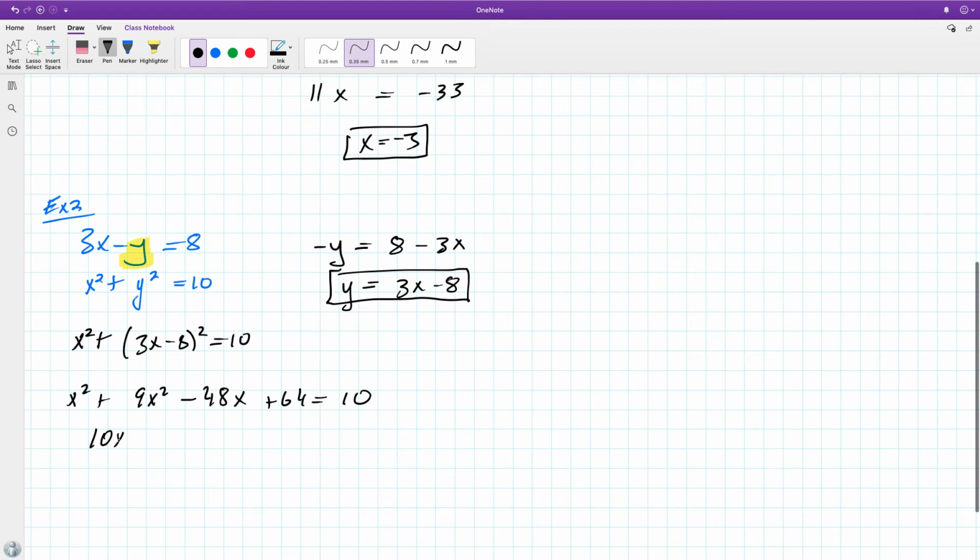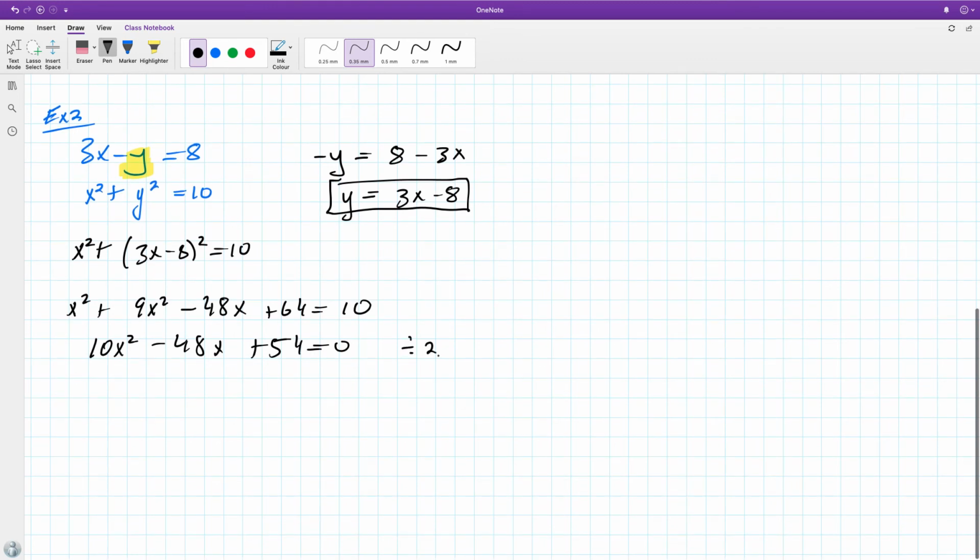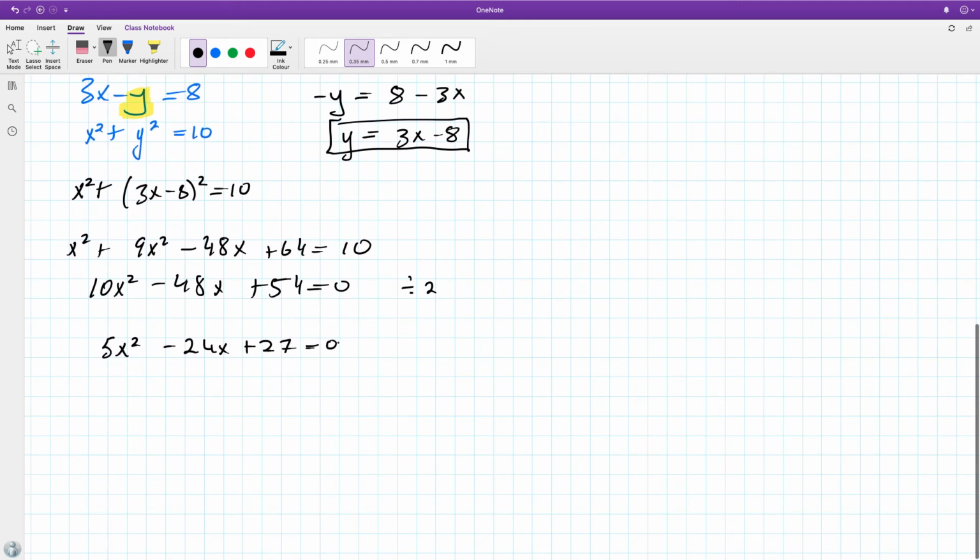That's 10x squared minus 48x. Bring over the 10: minus 10 plus 54 is equal to 0. To make life easier, divide across by 2. That is 5x squared minus 24x plus 27 is equal to 0. That okay?